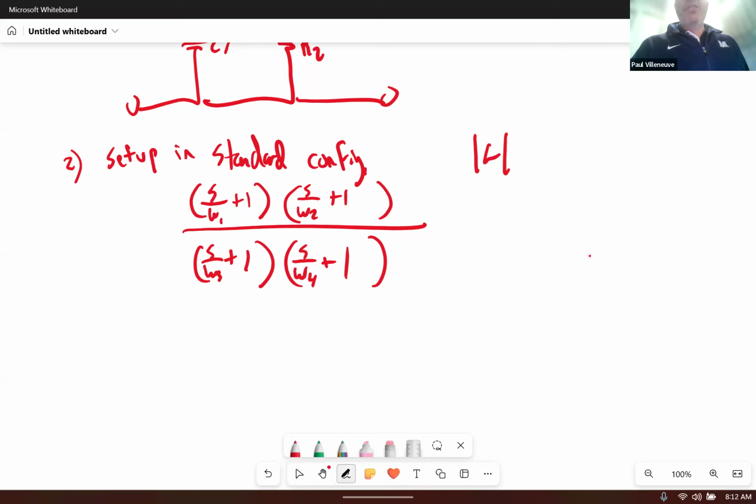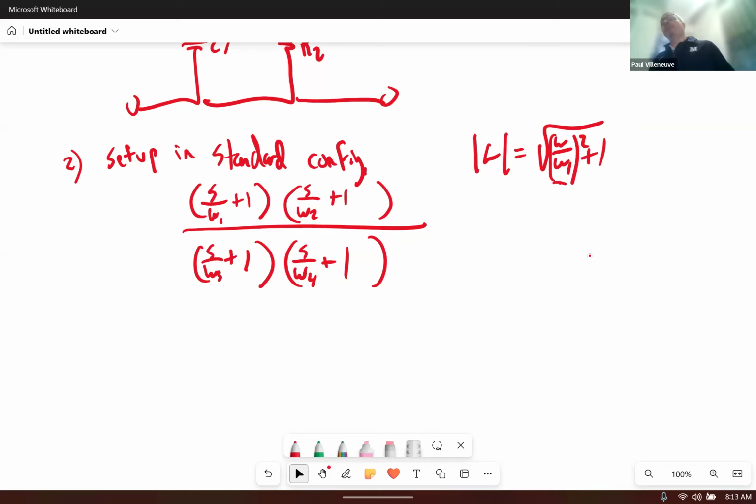So the magnitude of our gain has to have some sort of a general form of the square root of omega over omega 1, squared, plus 1. And the reason why we do that is because when omega is much, much less than omega 1, or whatever break frequency you're looking at, that omega over omega 1 squared term becomes a really small number.